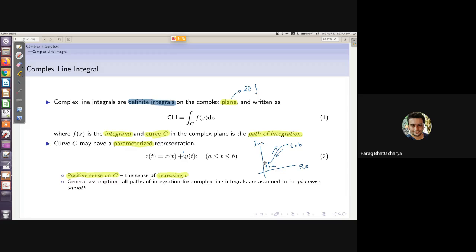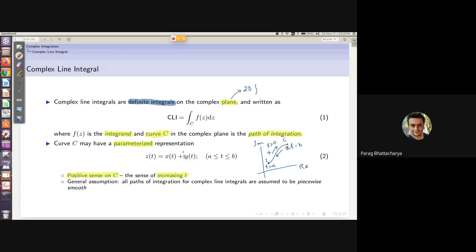Then the positive sense of this curve c is the increasing direction, because a is less than b. If you're going from point number 1 to point number 2, from t equal to a to t equal to b, that means t is increasing. So this is the positive sense.